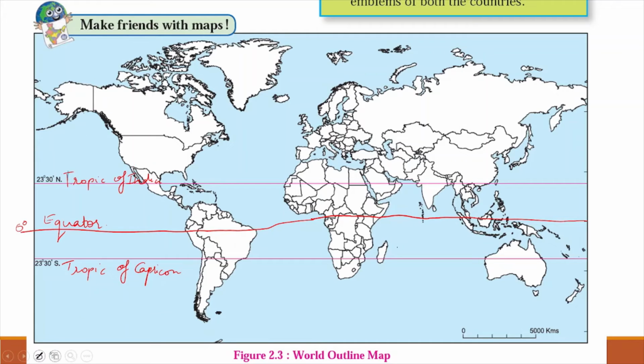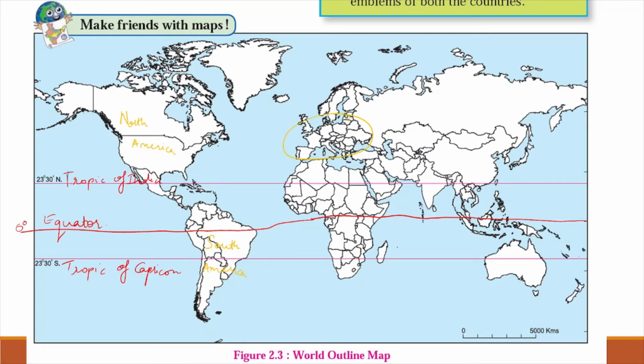Alright, we have different continents, 7 continents in the world. Starting from the west, we have North America, and we have South America here, the continent of South America. Continents are basically masses of land that are together.